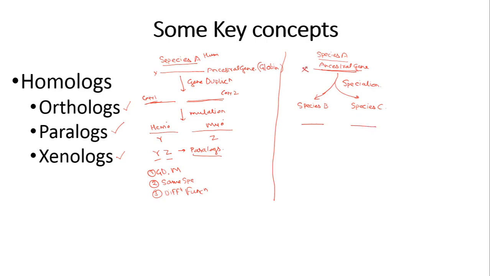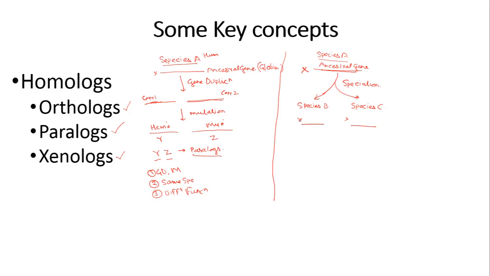The gene X that was present in the ancestral species is now present in the daughter species as well. This X gene would perform the same function in two distinct, independent species. We call such genes orthologs of each other.